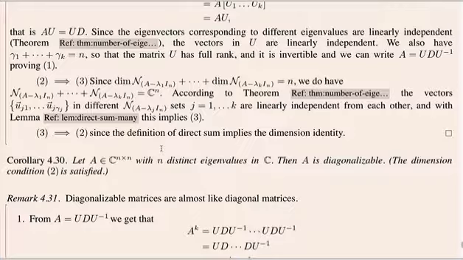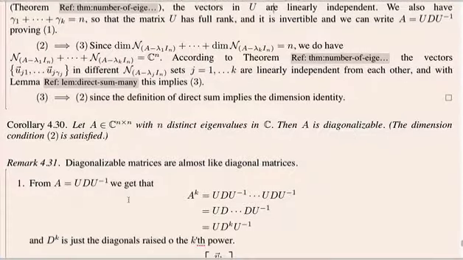The consequence, or corollary, of this theorem is that if you have an n by n complex matrix with n distinct eigenvalues in C, then we automatically know that the matrix A is diagonalizable, since the dimension condition 2 is satisfied. We don't have to worry about repeating eigenvalues. If all of them are distinct and add up to n, that means that A is diagonalizable.